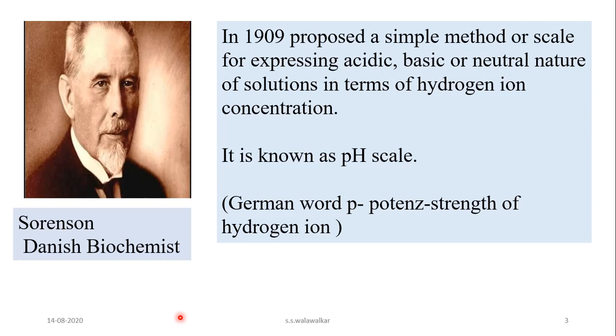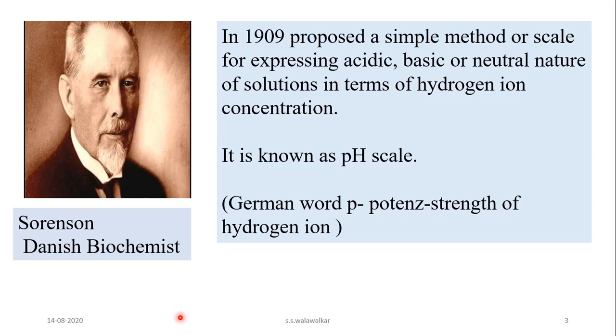But hydrogen ion concentration varies within a wide range, from 1 mole per decimeter cube to 10 raised to minus 14 mole per decimeter cube, and expressing very low hydrogen ion concentrations this way is not convenient for calculation.